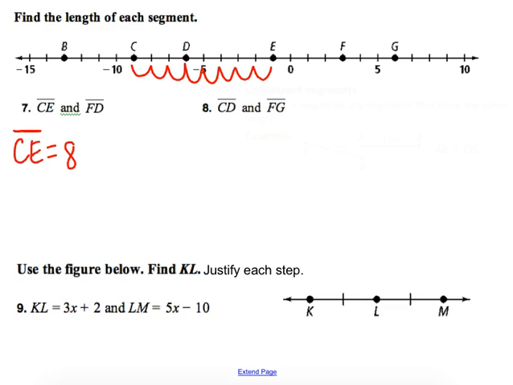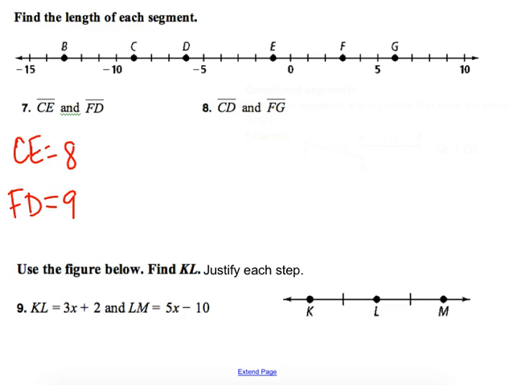When you're talking about its length, you just have it as CE with no bar on top. Okay, and then FD, 1, 2, 3, 4, 5, 6, 7, 8, 9. FD equals 9. I promise there's a reason why we're doing this again.